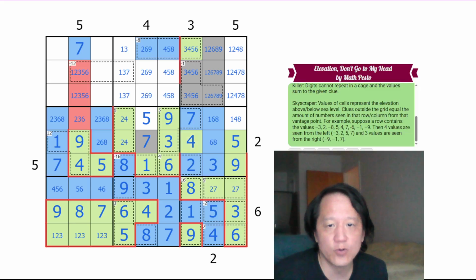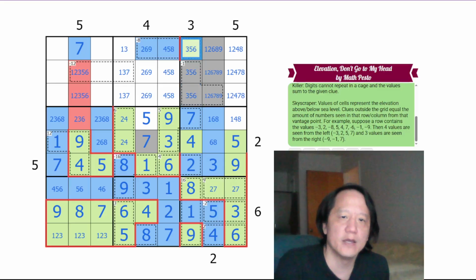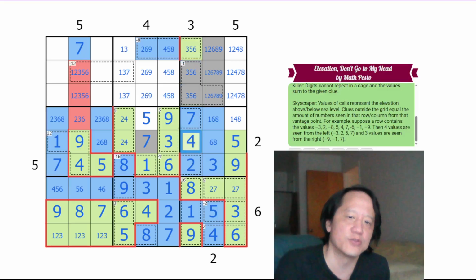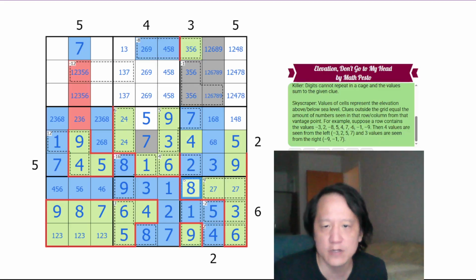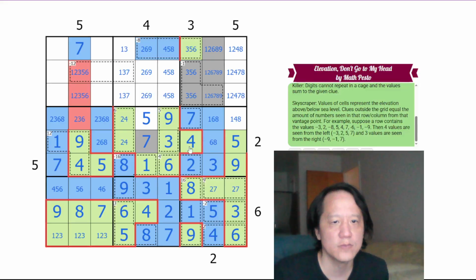4 eliminates 4 in the rest of the column here. And it cannot be 3 here because it would see the 3, the 4, and the 8 and the 9 here, which is not valid. So we have that. This cannot be 7 as land because then it would see the 5, the 7, and the 9 here.